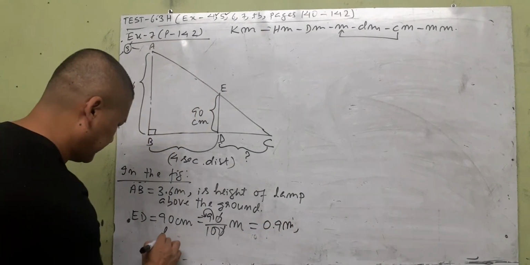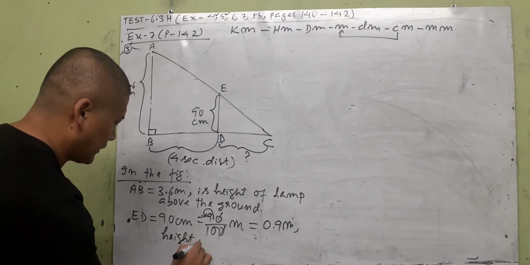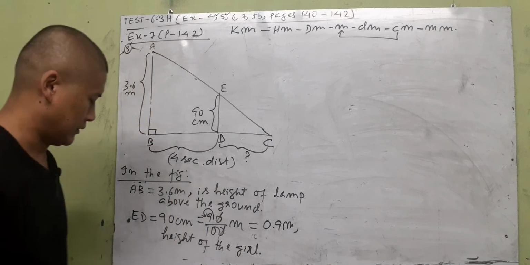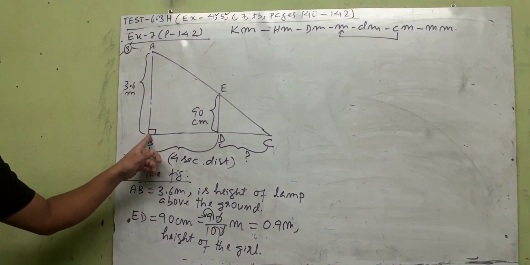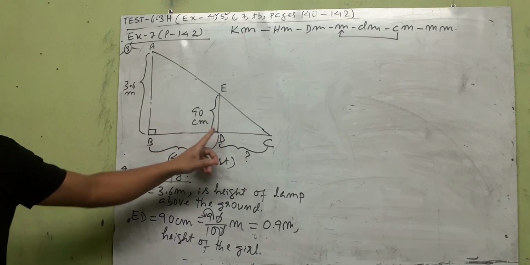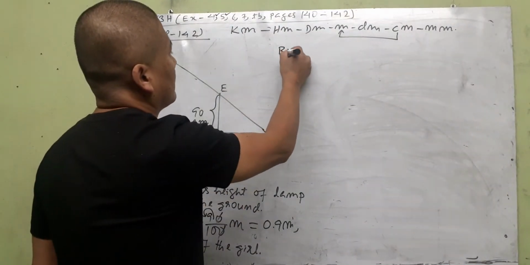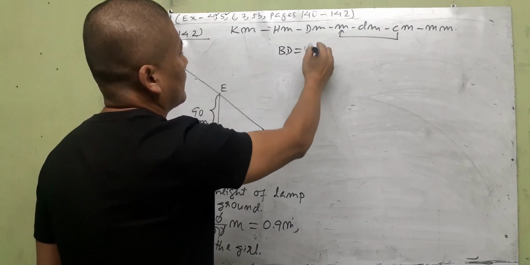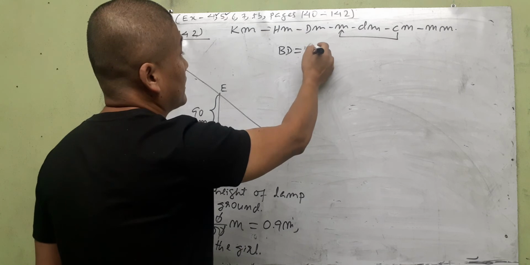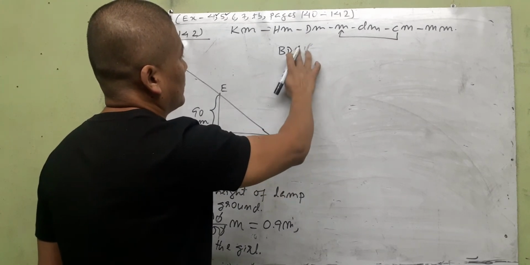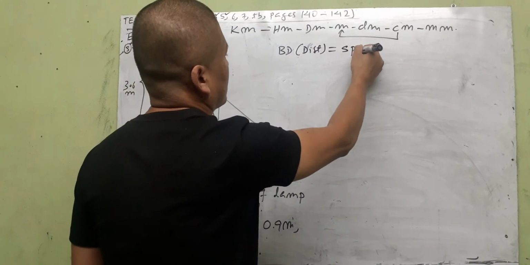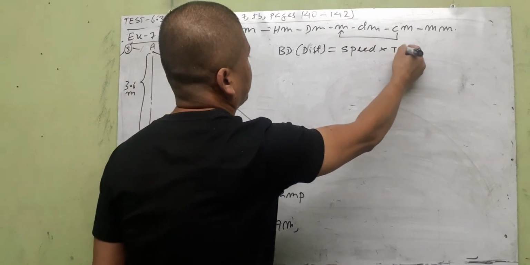This is the height of the girl given in the question. Then at 0 second she was at B, and after 4 seconds she is here. So BD is equal to question mark. Okay, BD is equal to distance. So distance is BD distance. Let us write here. Distance formula is speed into time.